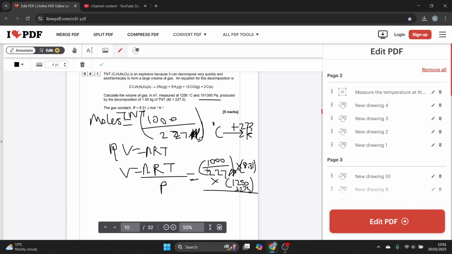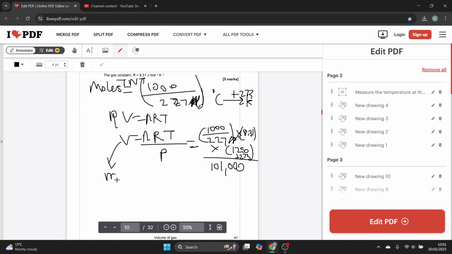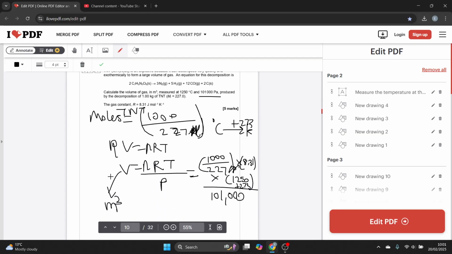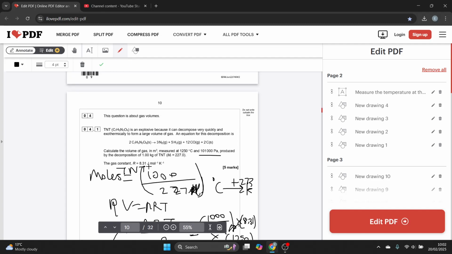The pressure in pascals is 101,000. This gives me the volume, and remember, volume in the ideal gas equation is measured in meters cubed. So 1000 divided by 227 times 8.31 times 1250 plus 273 over 101,000 pascals, I get 0.552 meters cubed.